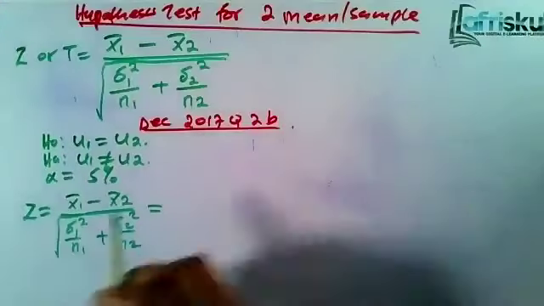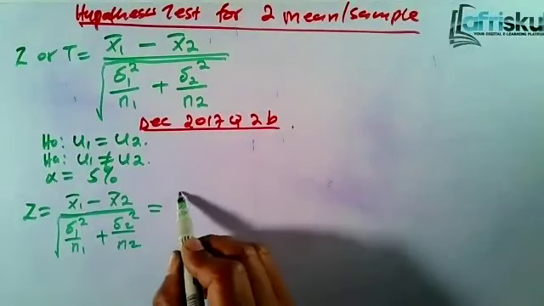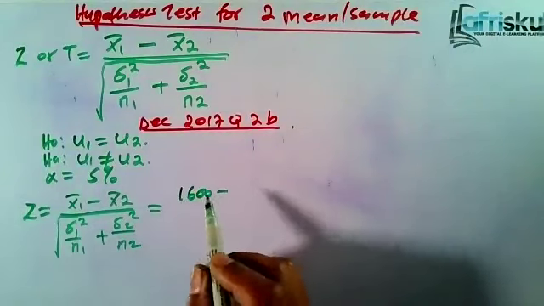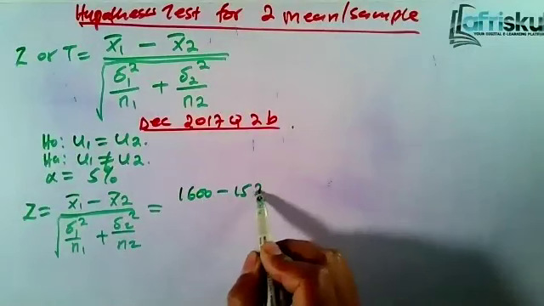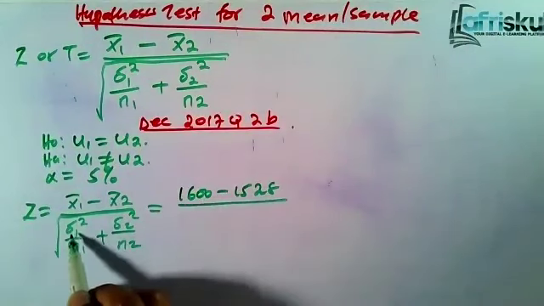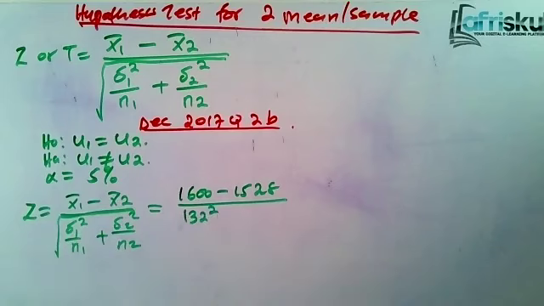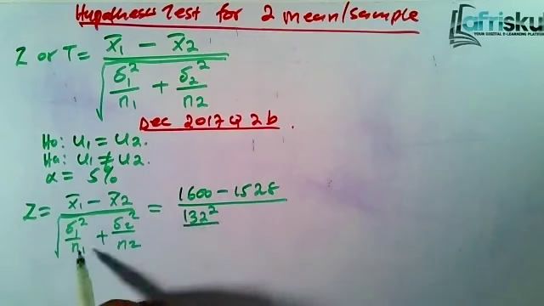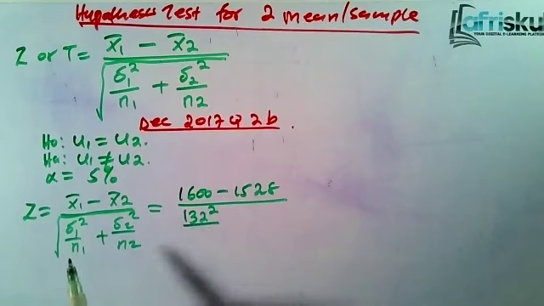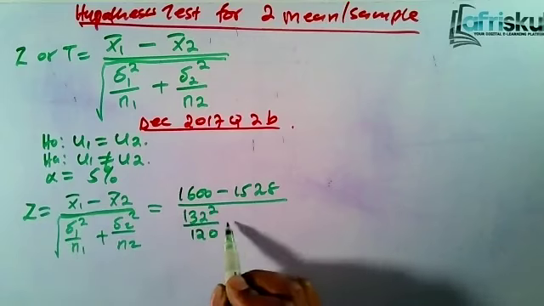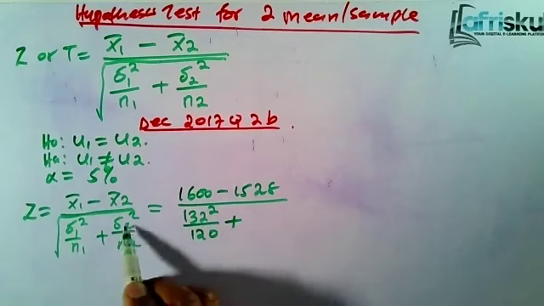So here, x bar 1, tumepewa 1600 minus x bar 2, which is 1528. You divide by standard deviation of 1, 132 squared to get the variance. You divide by n1, sample size of component x ilikuwa 120, plus standard deviation of 2 squared.